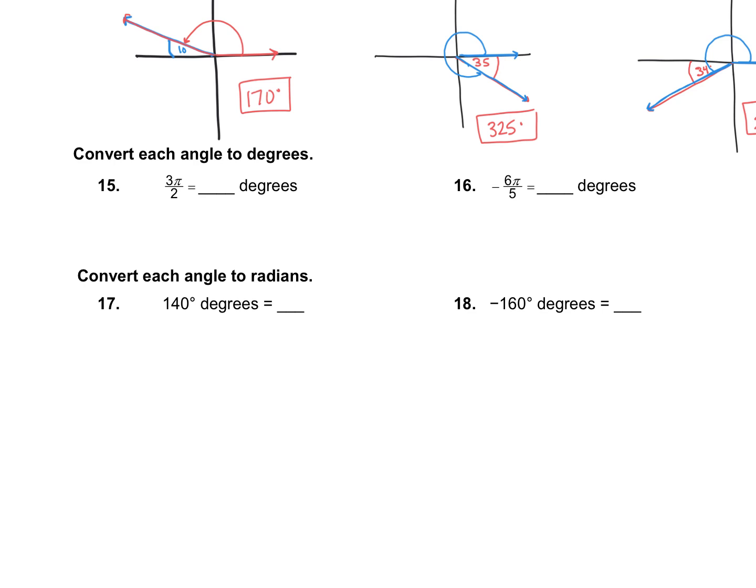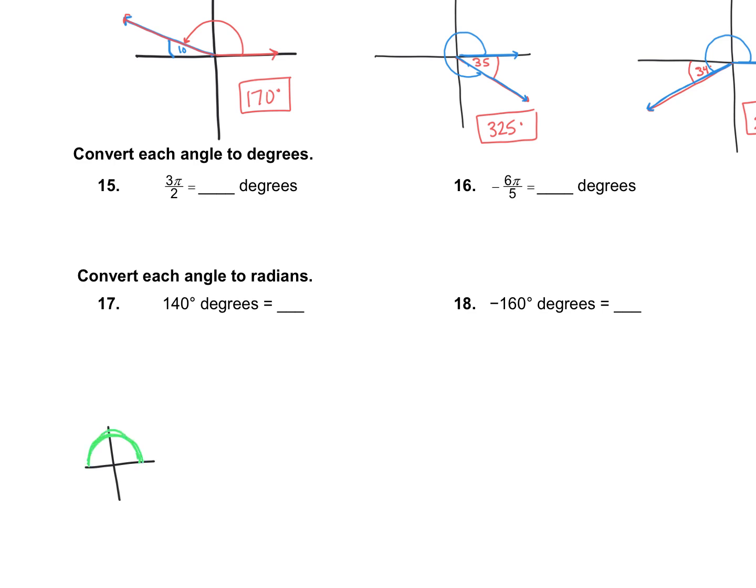So if we have a radian measure, we could figure out what is the same angle but in the unit of degrees. Or if we have an angle in degrees, we could figure out what is the same angle in radians. It's the exact same angle, just with a different unit. What we remember for converting between the two units of angles is the fact that 180 degrees, so I'll just draw a quick little reference, 180 degrees right here is the same angle as pi in radians.